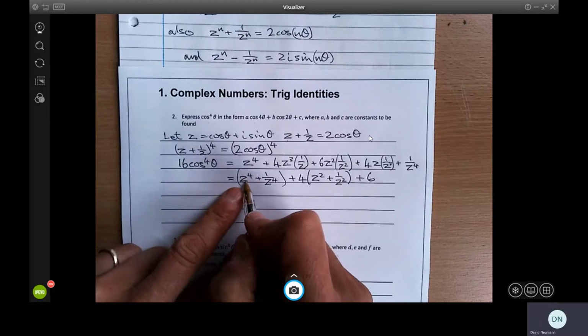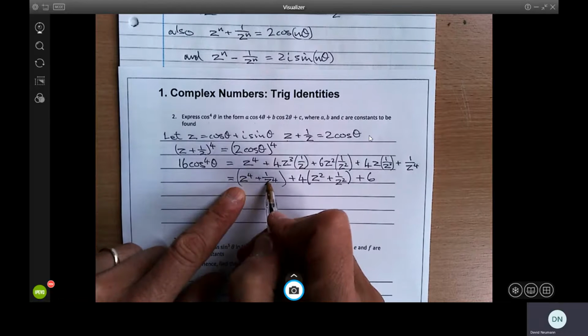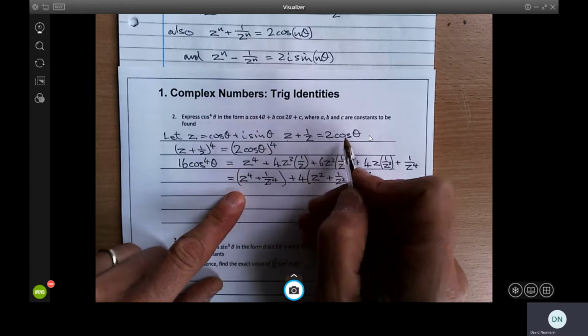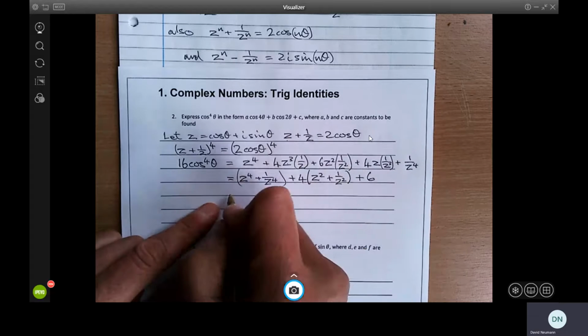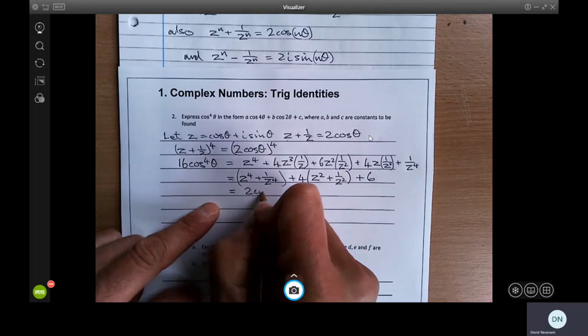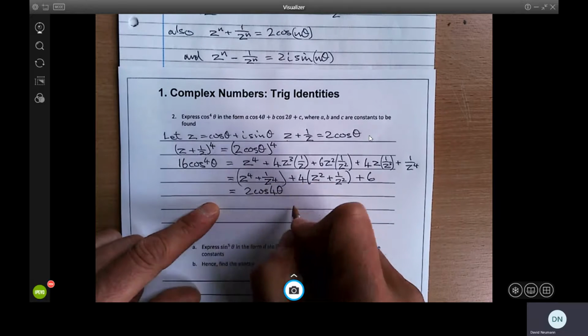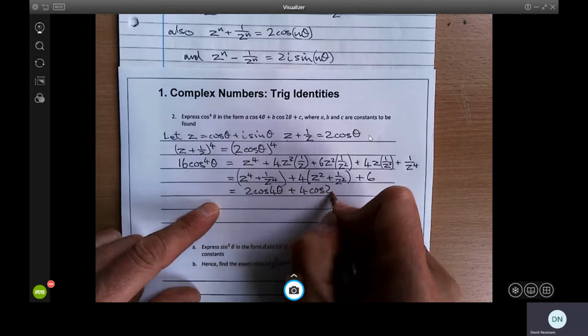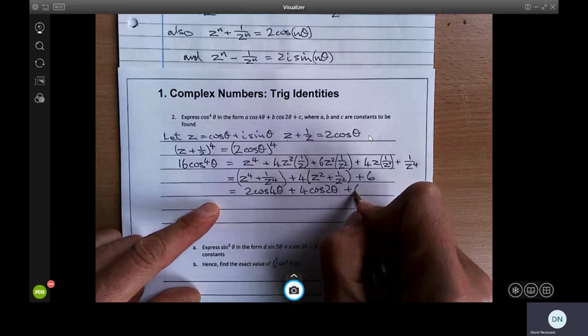Now, we know that z to the power of 4 plus 1 over z to the power of 4, in a similar way to this, is 2 cos of 4 theta. So that's 2 cos 4 theta plus 4 cos of 2 theta plus 6.